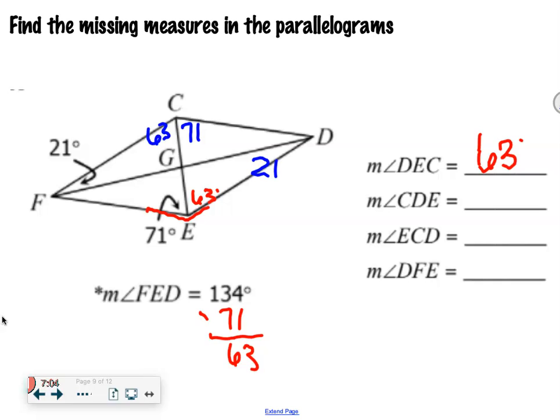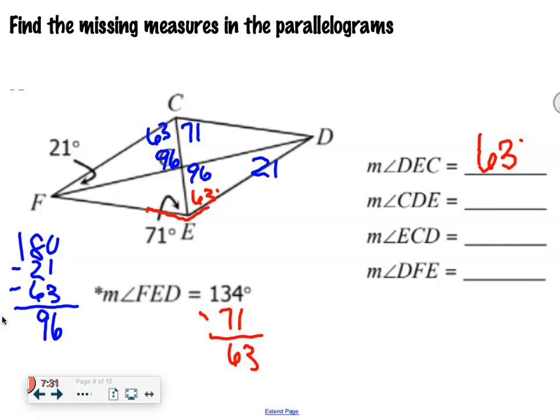Can we find this missing angle in this triangle here? So what's 180 minus 21 minus 63? I honestly just don't want to do that. Don't tell me. Or 96. Anyone want to confirm 96? Okay. If this guy's 96, what's this guy here? 96. Okay.